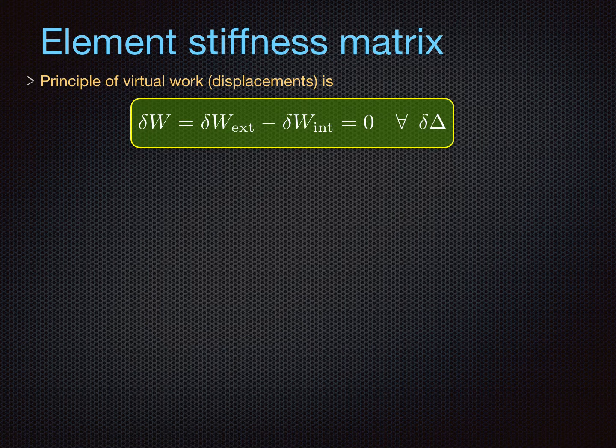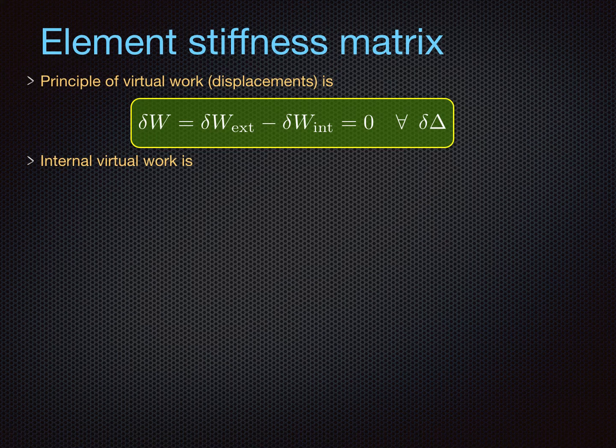So if we can compute both of these quantities consistently from the choice of our shape functions, then we are going to, as you will see, end up with a discrete system of equations that will allow us to calculate the delta, the nodal displacements or nodal degrees of freedom.